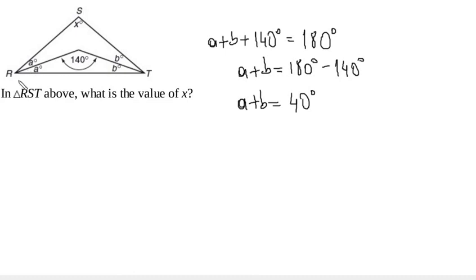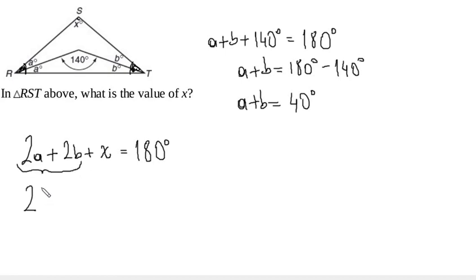In the triangle SRT, we have 2A right over here, and we have 2B right over here, and then we have X. The sum of 2A and 2B and X is going to be equal to 180 degrees. If we take 2 out as a common factor, 2 times A plus B, plus X is equal to 180 degrees.